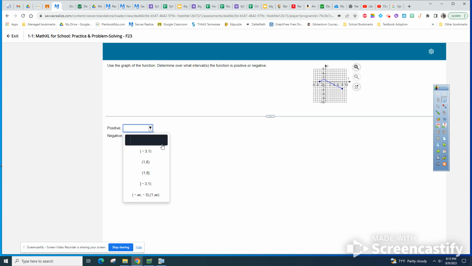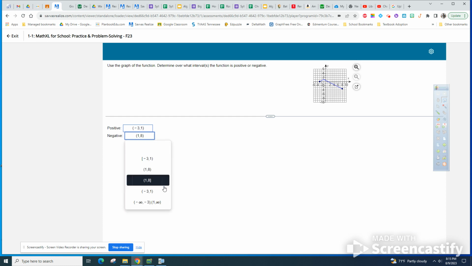Let's see what it says. So -3 to 1. And it's got the squared off brackets and the non-squared off brackets. Oh, they're trying to mess with this. And we said negative is going to be 3 to 8, or 1 to 8. And no squared brackets here.